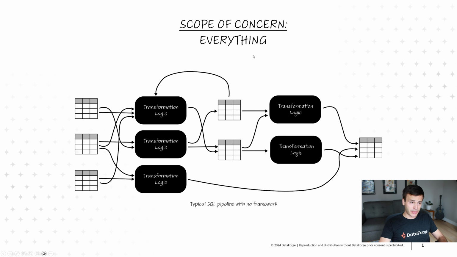Ultimately, when we talk about the scope of concern, we talk about what an engineer needs to worry about, what they need to think about whenever they're either building this from scratch, or they're coming in as a break-fix person, or we need to add a new bit of logic or a new element from one of these new tables or a new calculation to a target table.